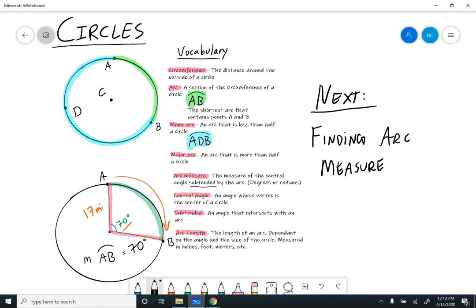There are 2 Khan Academy exercises that you will be doing. One of which just says finding arc measure, the other of which says finding arc measure with equations. We will cover both of those in one video, and then of course, as always, I will do example problems.